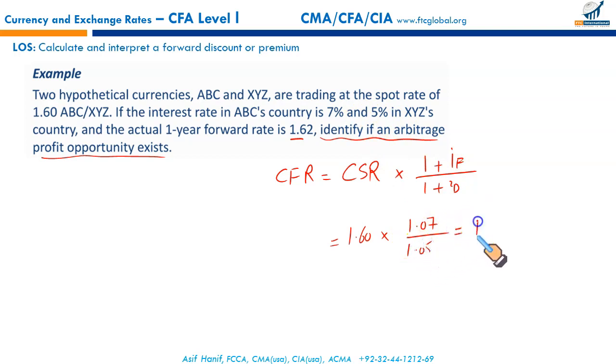When you simplify, it's going to be 1.63. Now this is interesting. The actual 1-year forward is 1.62, and the arbitrage-free forward rate is 1.63. Since the actual forward rate of 1.62 is lower than the arbitrage-free forward rate of 1.63, an arbitrage opportunity exists. And so we can earn arbitrage profit by buying the forward contract at 1.62.